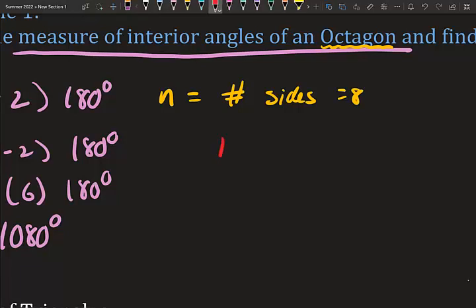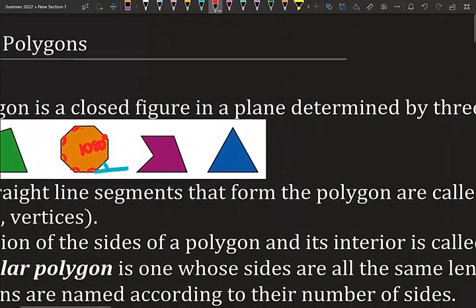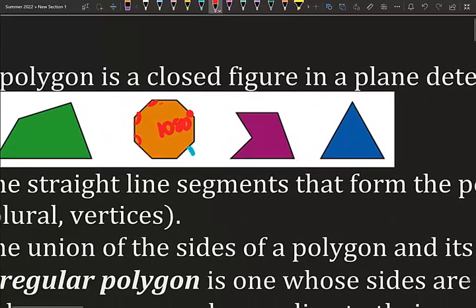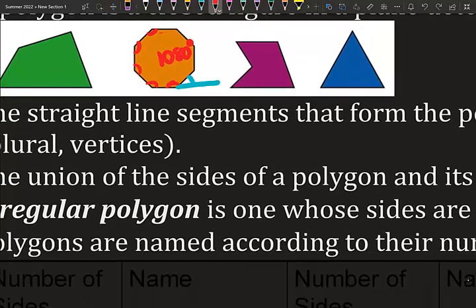So we're going to take our 1080 and divide it by how many sides we have, which is 8. And we get 135 degrees. That means each corner, each angle right here, is 135 degrees.